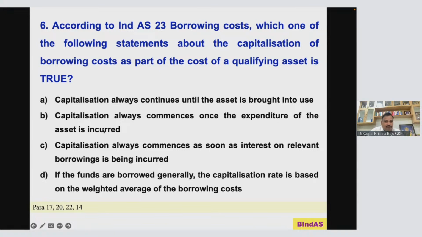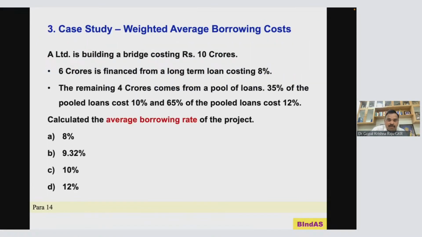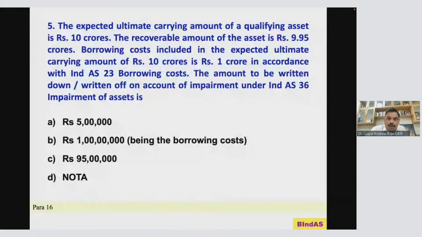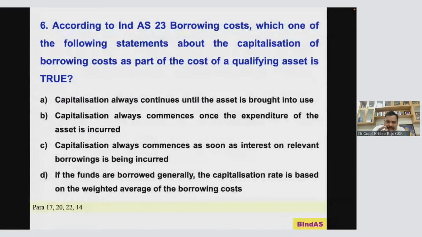Now this is a place where I want to bring to your attention one interesting case. When will you start capitalization? For example, you have prepared a plan, you borrow the money, you buy the machine, but you have to install the machine or construct the building, and the plan is not yet approved.